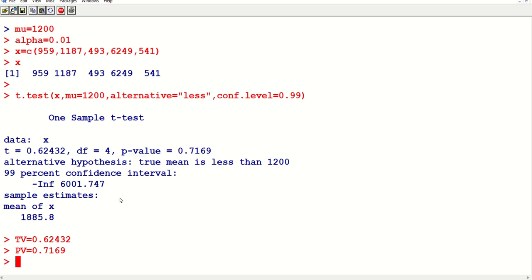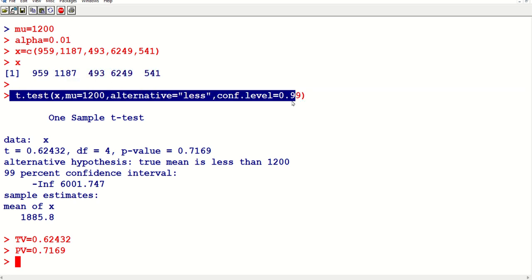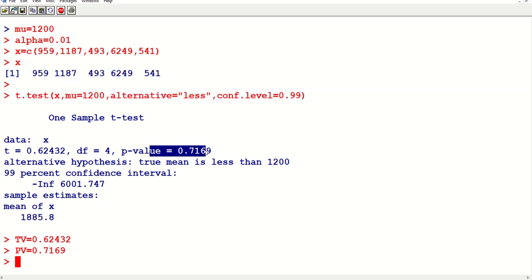The p value is 0.7169. Okay, so without calculating the sample mean and sample standard deviation, we can directly calculate the p value. So if in the exam they give you some data, this type of question is very, very easy. Just calculate the p-value using t.test and compare the result.